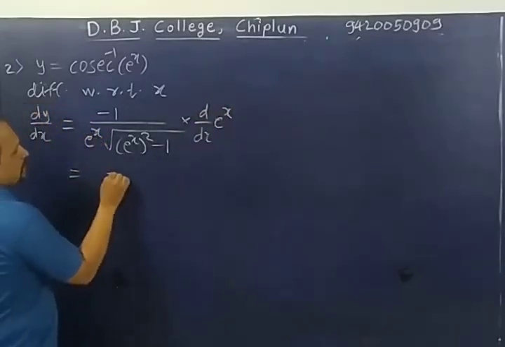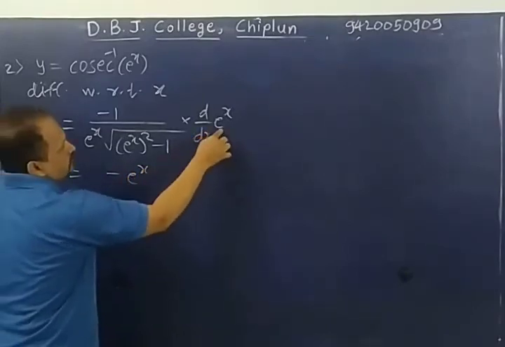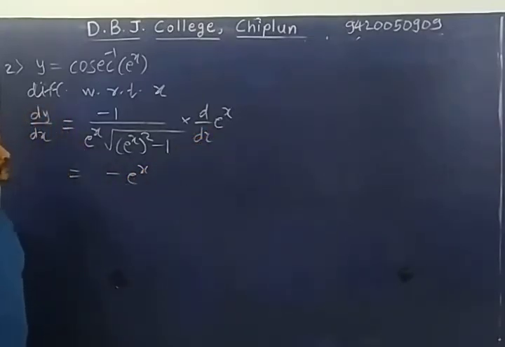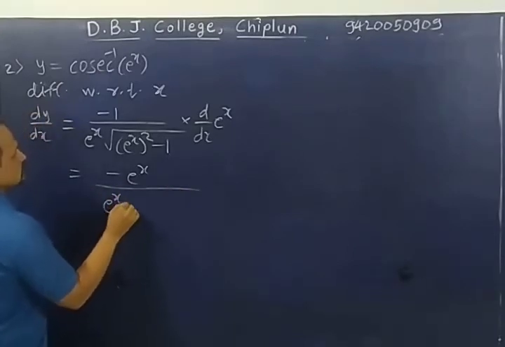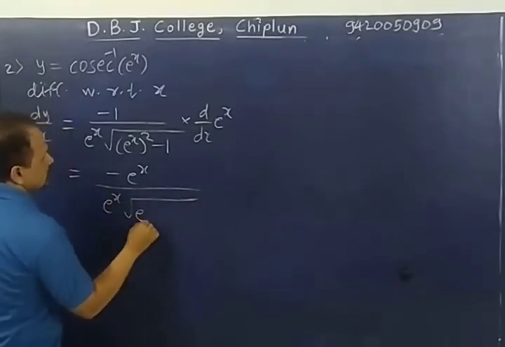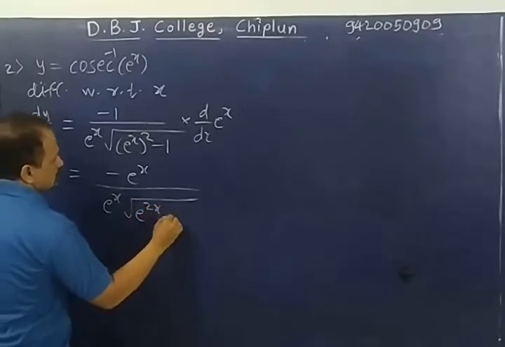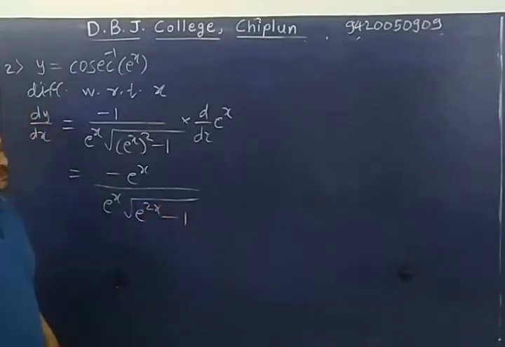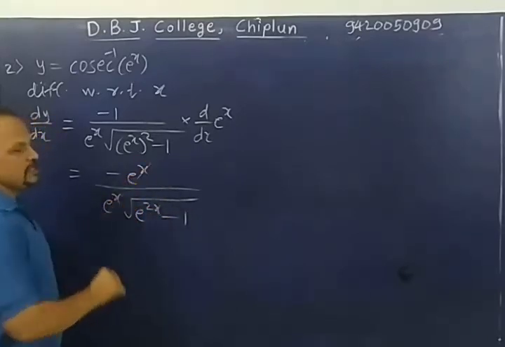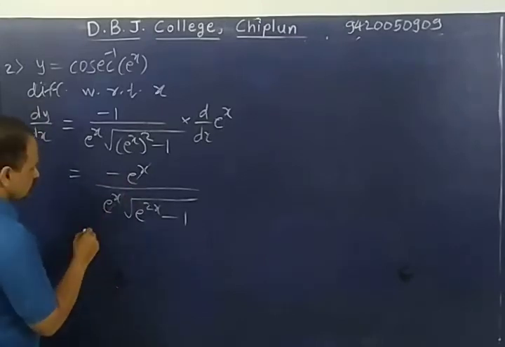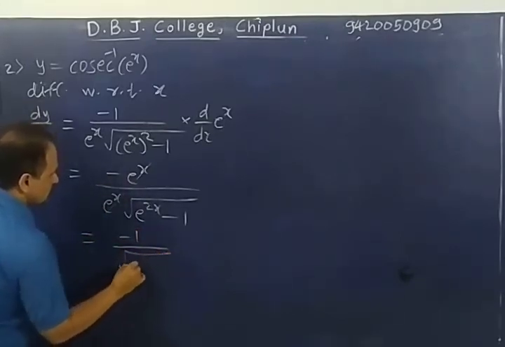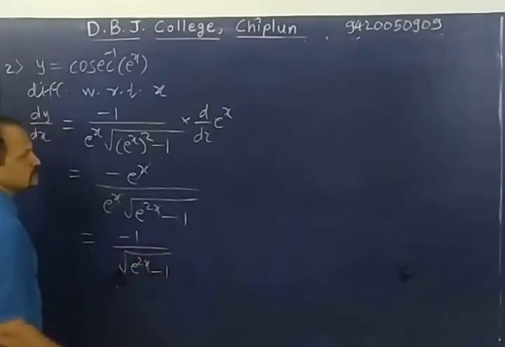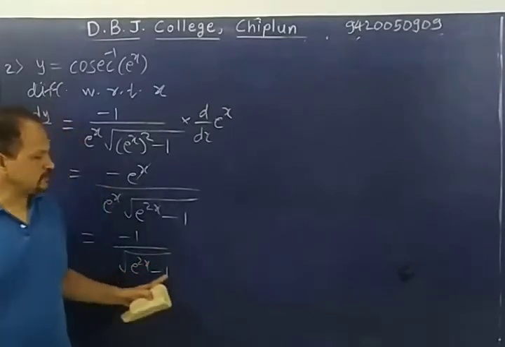This is minus e raised to x, since the derivative of e raised to x is e raised to x. Minus e raised to x upon e raised to x into under root e raised to 2x minus 1. Certainly you can cancel out e raised to x, this can never be 0. Minus 1 upon under root e raised to 2x minus 1 is the answer for this.